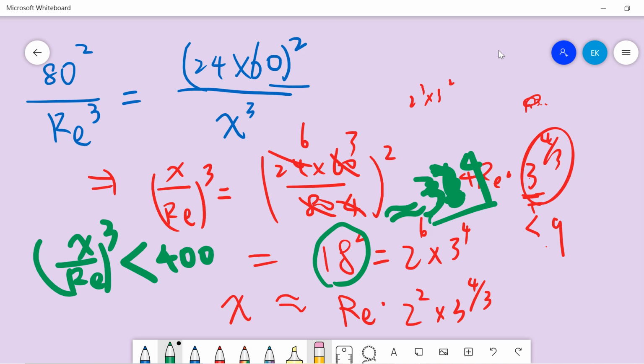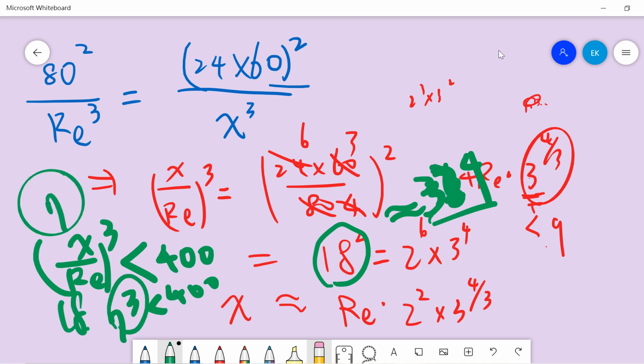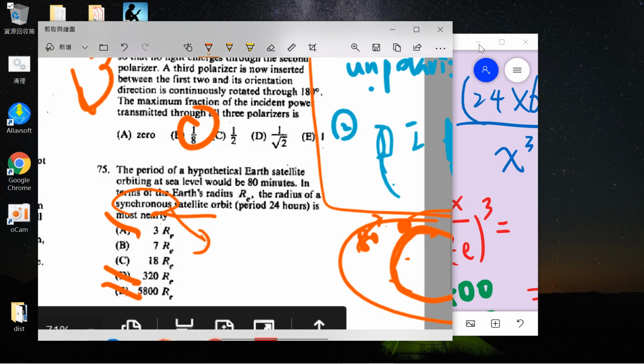Then I can ask which number, which cubed is less than 400. So 7 cubed is less than 400. So we know that 7 can be the possible answer, and 18 is too large. 18 is too large. So I will choose 7.